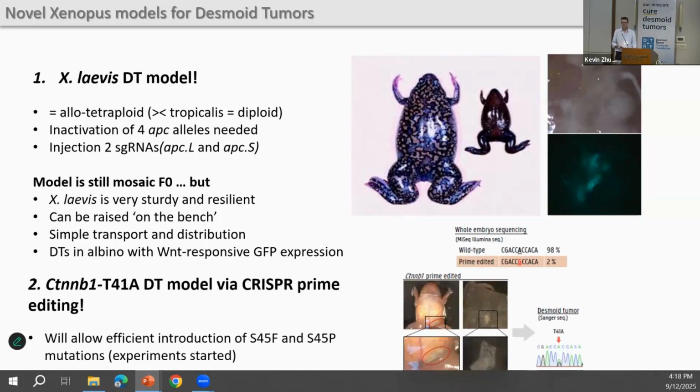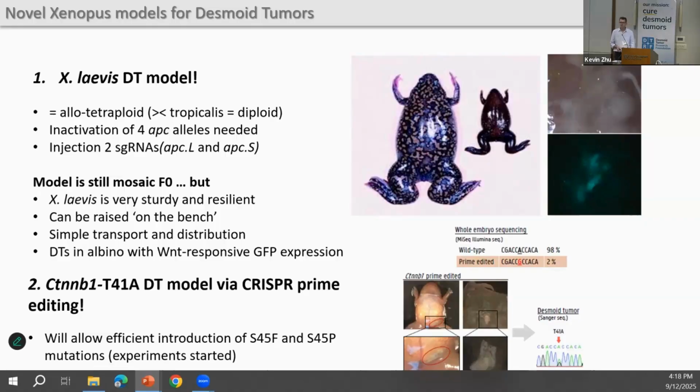And then finally, we published before that we were able to induce desmoid tumors with the S45P mutation by using CRISPR-based editors. But this method, base editors, did not allow us to introduce the other missense mutations. But now we have used CRISPR prime editing, and we were able to induce a T41A.